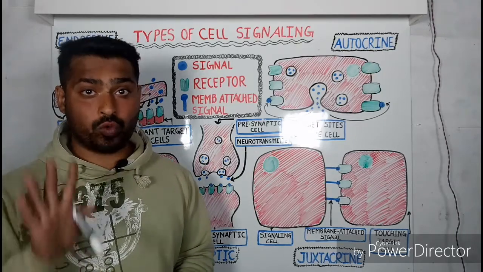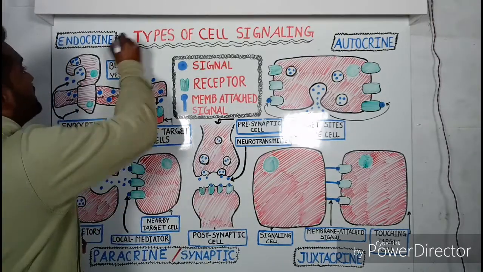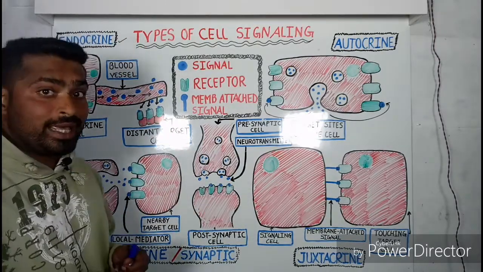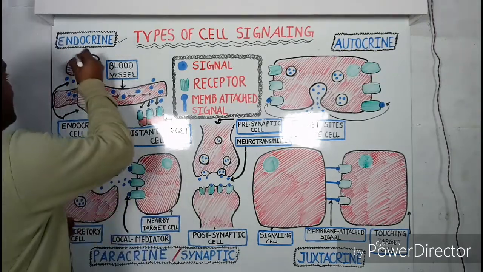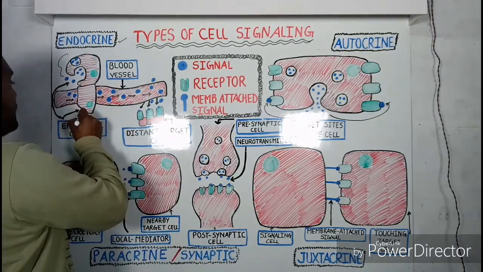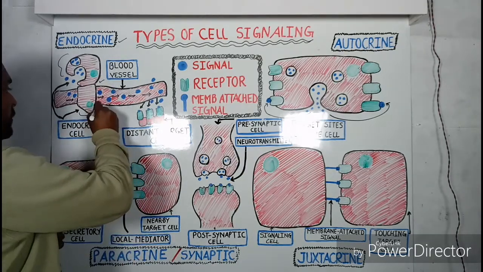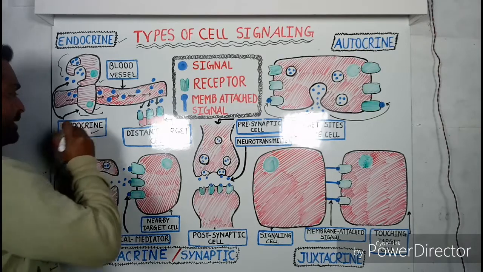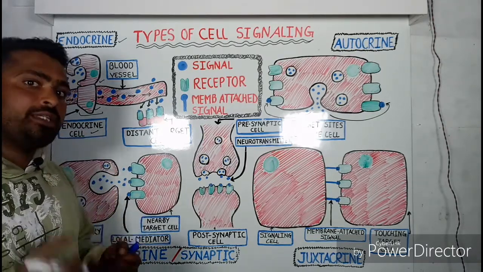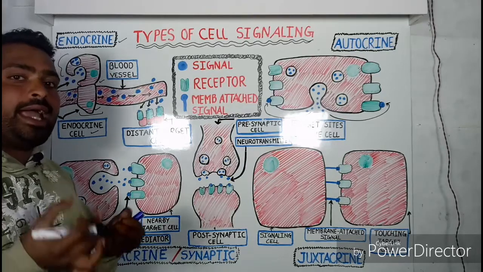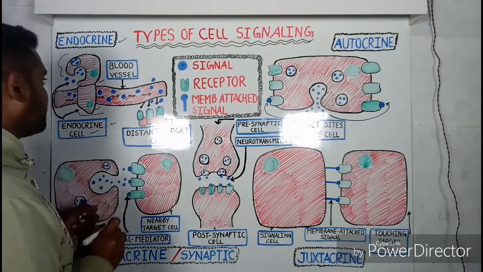We have basically four types of cell signaling. The first one is endocrine signaling. In this particular type, the cells which are producing the signal are known as endocrine cells. These endocrine cells are present in the endocrine glands, so we can say the endocrine glands possess endocrine cells.